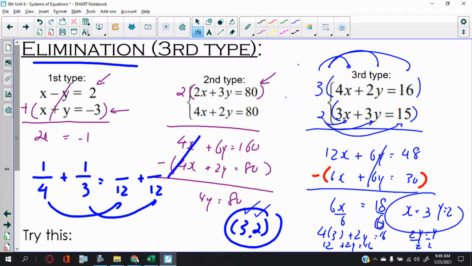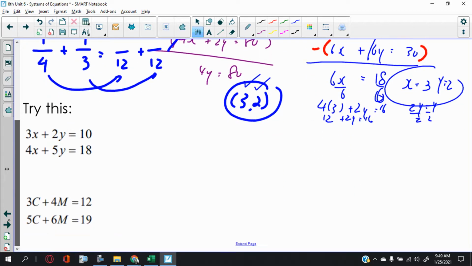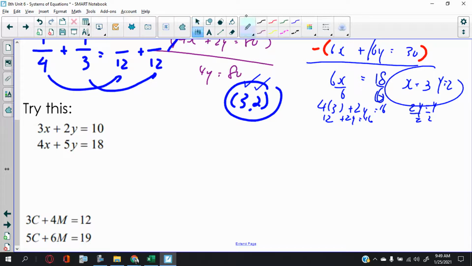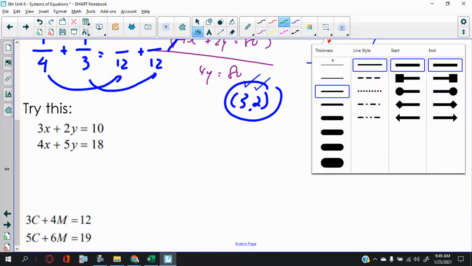Now, that said, let's do one more, and then I'll let you try one on your own. So for this one, same thing. Here I need to look very closely and ask myself which one do I want? Doesn't matter. I'll just do the 3 and the 4, because it's just there.